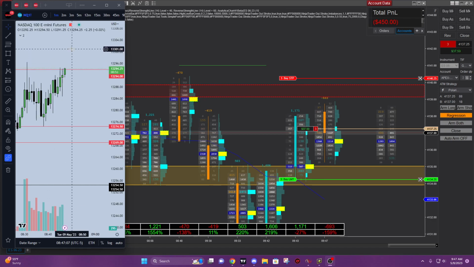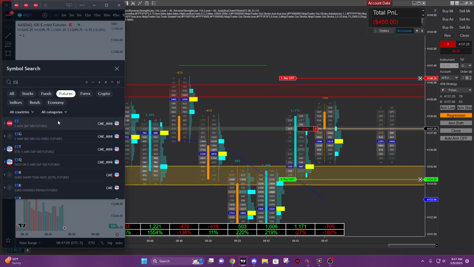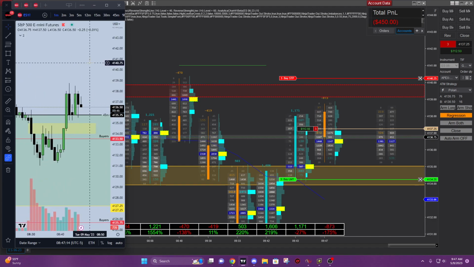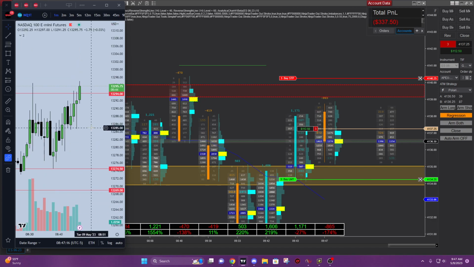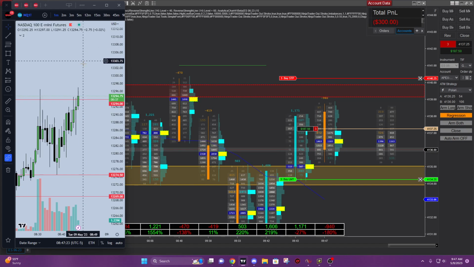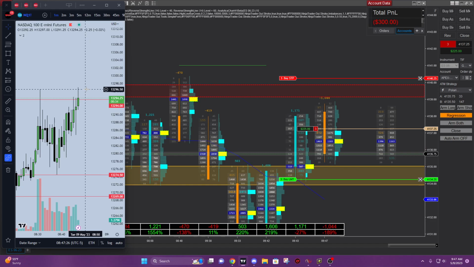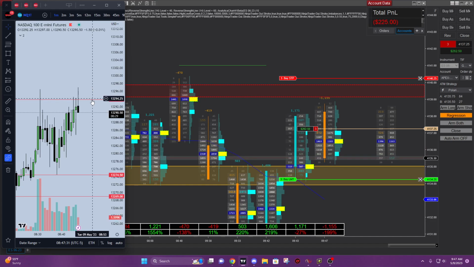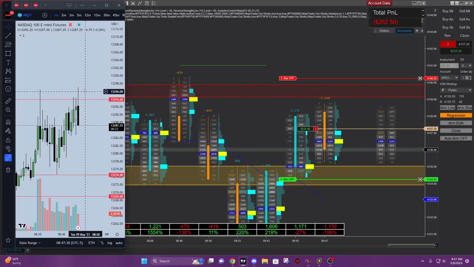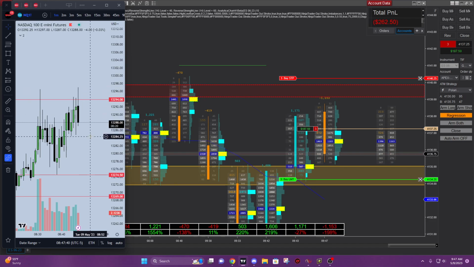This is not what we want to see with NQ. NQ grabbed a little more liquidity up here.